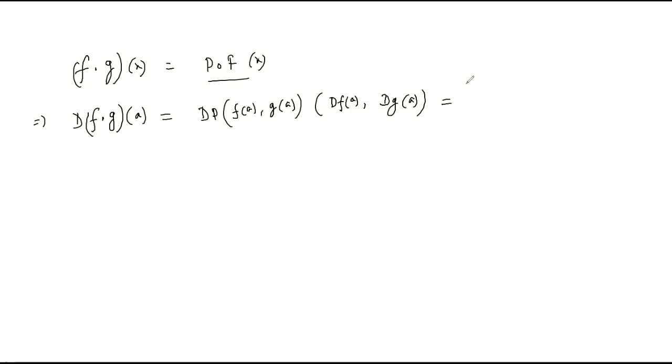This is equal to g of a times the derivative of f at the point a plus the functional value f of a times the derivative of g at the point a. So this is item number 2 in the corollary.